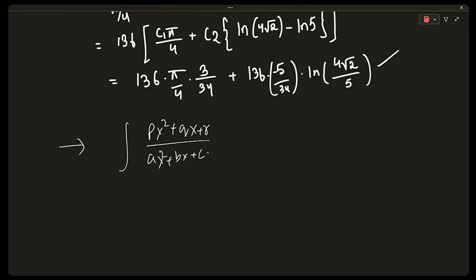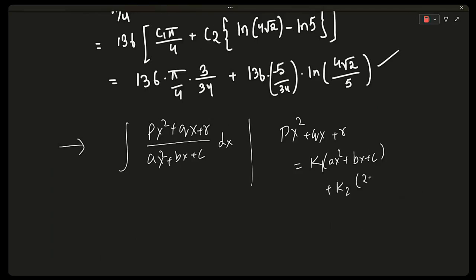My intuition tells me I maybe could write this numerator as some combination of k1 times (ax square plus bx plus c) plus k2 times the whole (2ax plus b). I might be able to do this, correct?